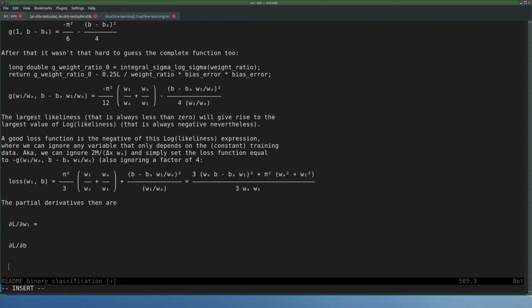Let's write it out. To the sigmoid activation function.